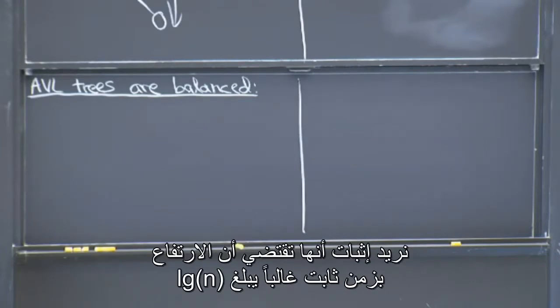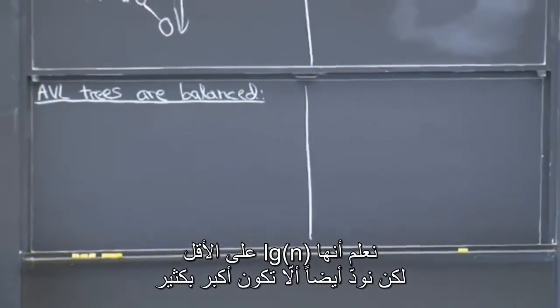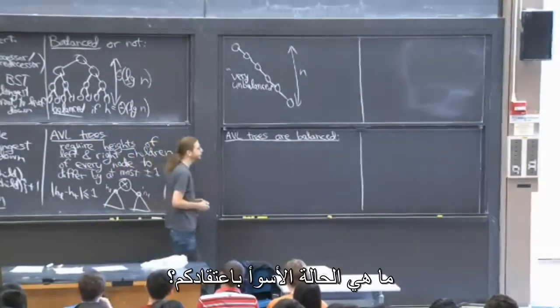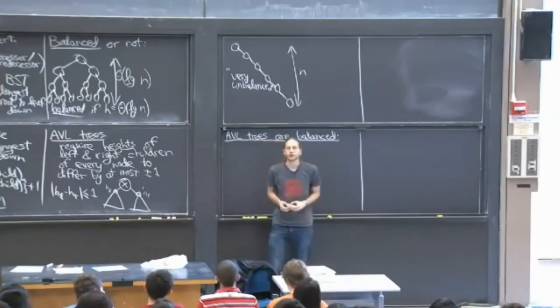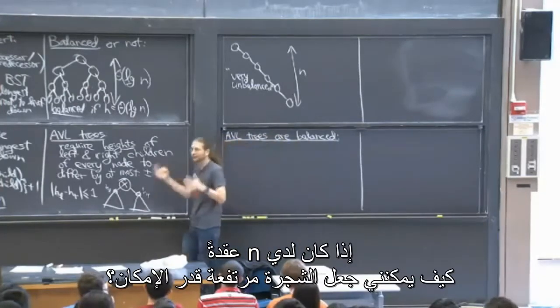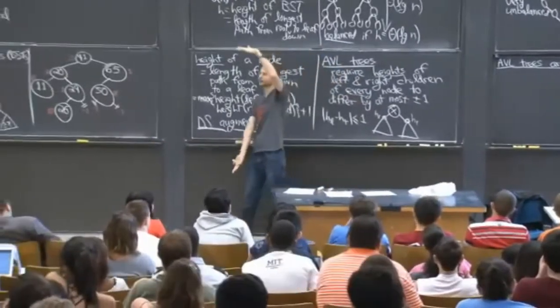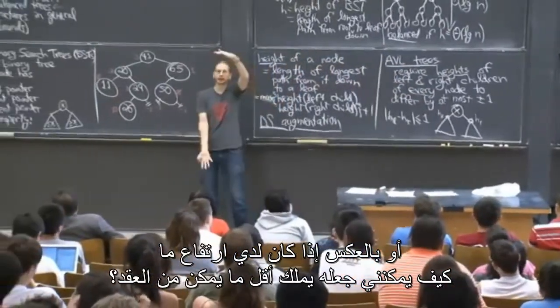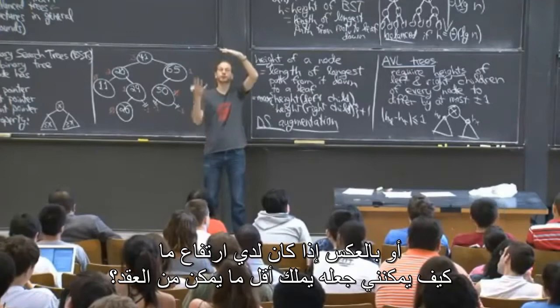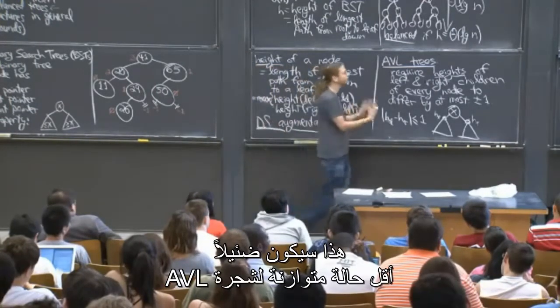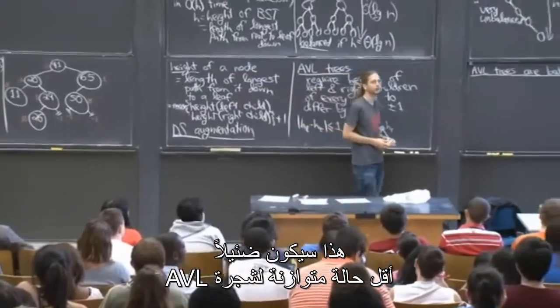We want to prove that it implies that the height is at most some constant times log n. We know it's at least log n, but we'd also like it to be not much bigger. So what do you think is the worst case? If I say I have n nodes, how could I make the tree as high as possible? Or conversely, if I have a particular height, how could I make it have as few nodes as possible? That'd be the sparsest, the least balanced situation for AVL trees.